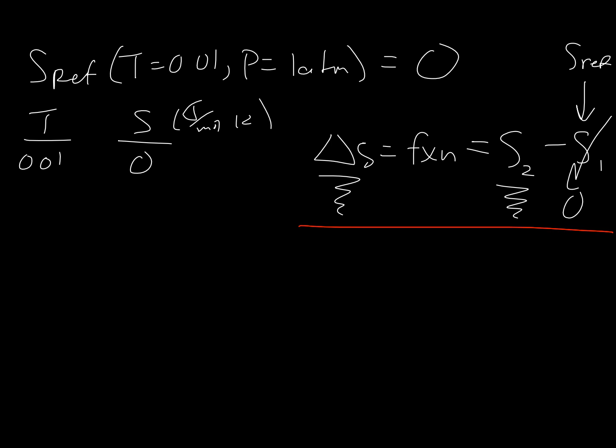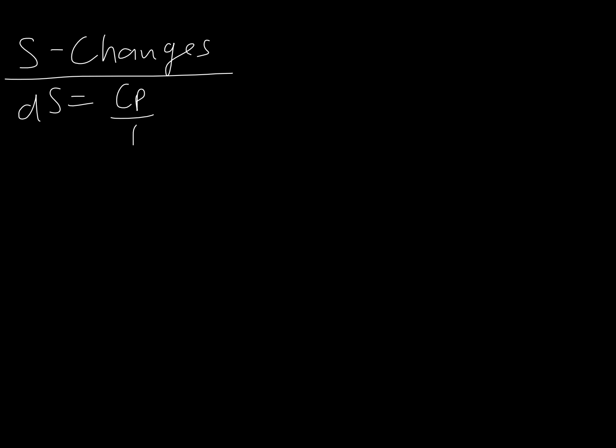Okay, so let's go over real quick calculating entropy changes, and then I'll go over a little bit more clearly what I'm looking for in question 5. So for entropy changes, it's actually easier than enthalpy. dS is equal to C sub p over T minus dV dT.